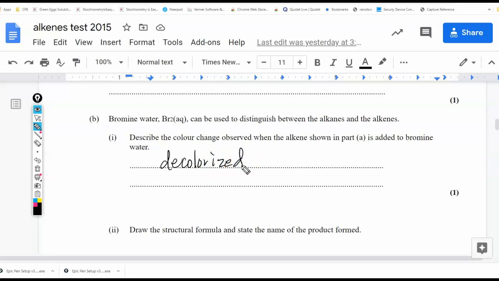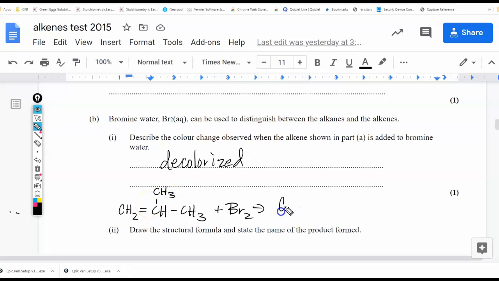Okay, identify or draw the structural formula and state the name of the product formed. So what we had before was this CH2 double bond to CH, which had a methyl group attached right here, and that was single bonded to CH3. That's what we have, and we're going to add some Br2 to it. So we're going to be breaking this double bond here, and breaking that double bond means we're going to add a bromine onto each side of the double bond.